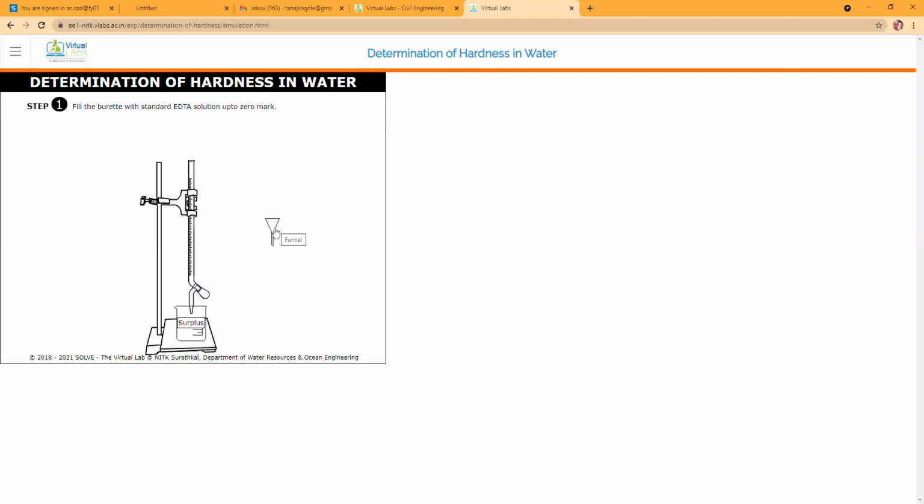EDTA can be filled by using the funnel. Remove the stopper and fill the EDTA solution up to the 0 mark. After filling the EDTA, remove the funnel.